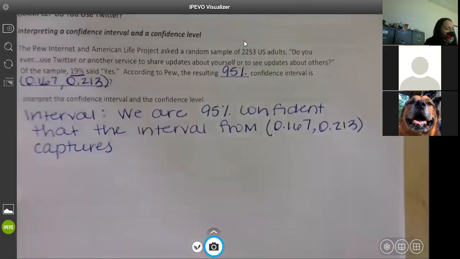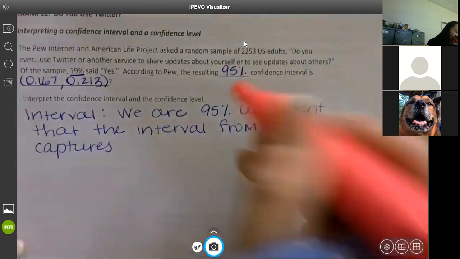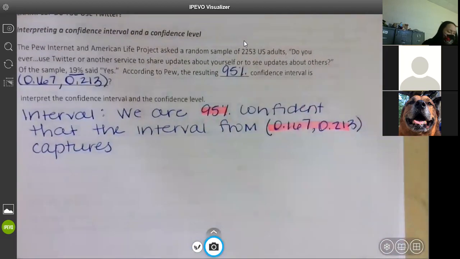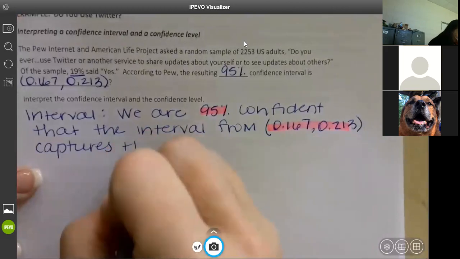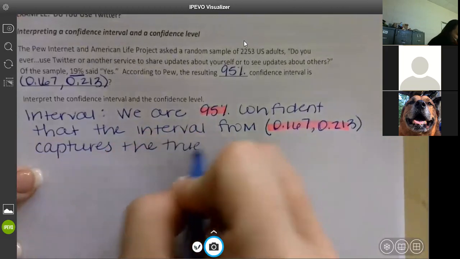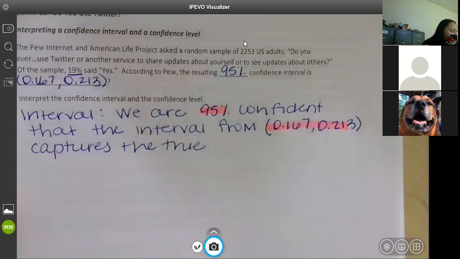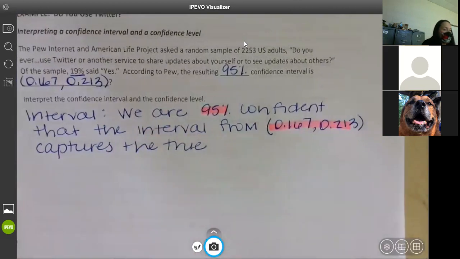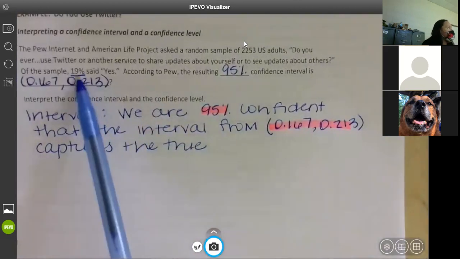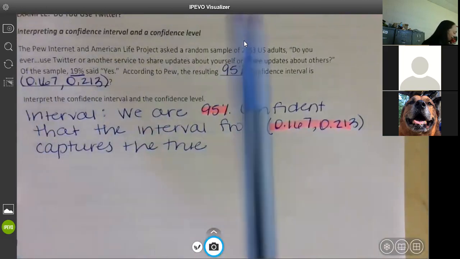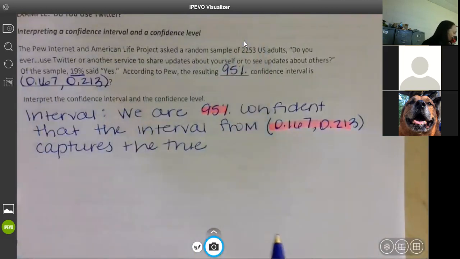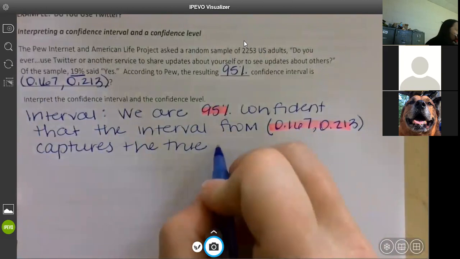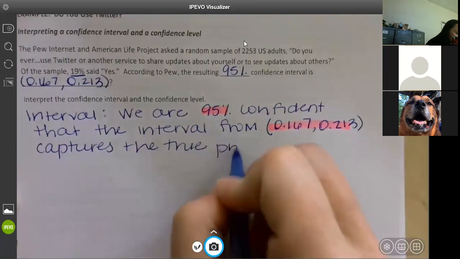captures. Those are the things that vary, and then we're doing it in context of the problem. What were you trying to capture? The true what? It should always say the true. We had 19%. So what is that? Is that a mean? A standard deviation? It is a proportion.